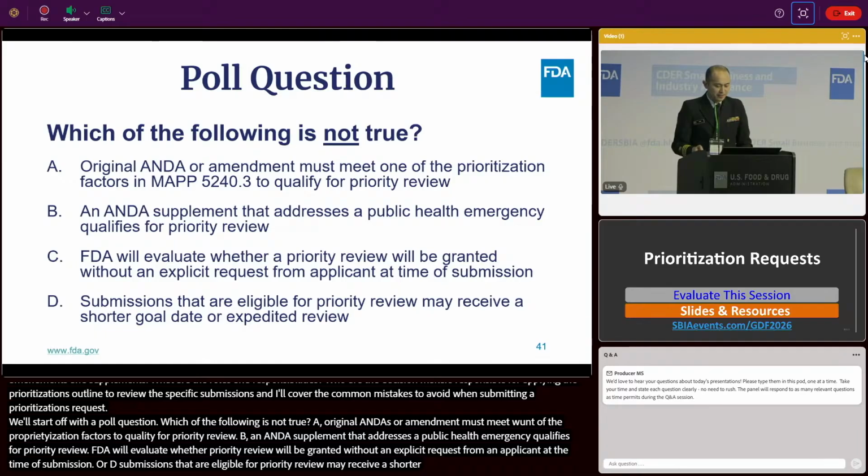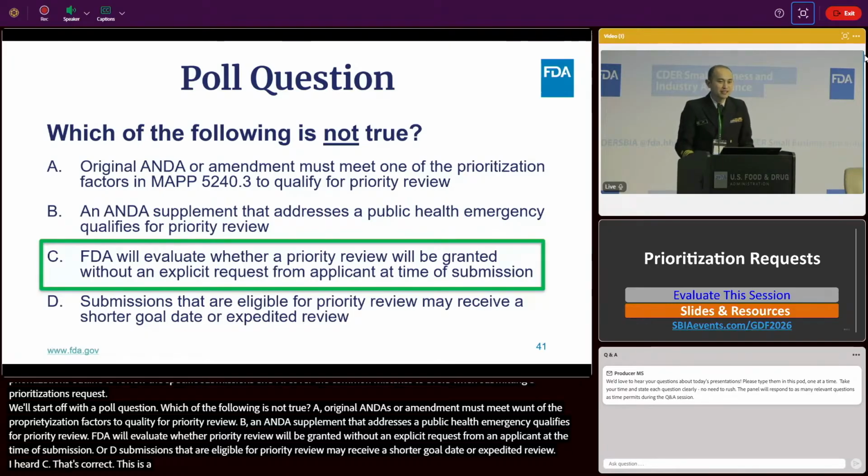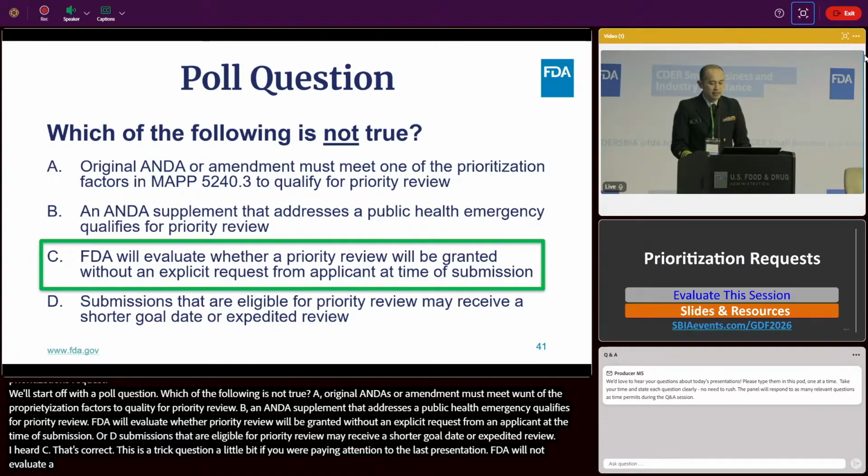All right, so I heard C, that's correct. So this is a little bit of a trick question if you were paying attention to the last presentation from Bailey. So FDA will not evaluate a priority review without an explicit request, but there are certain circumstances or exceptions to that rule.